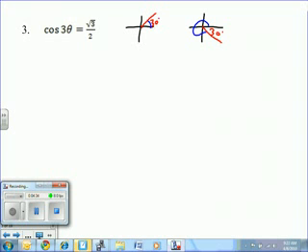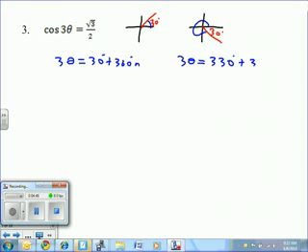Okay? So we've got 3 theta equals 30 degrees plus 360n, and we've got 3 theta equals 330 degrees plus 360n. So all we have to do to get theta now is do what? Divide by 3.